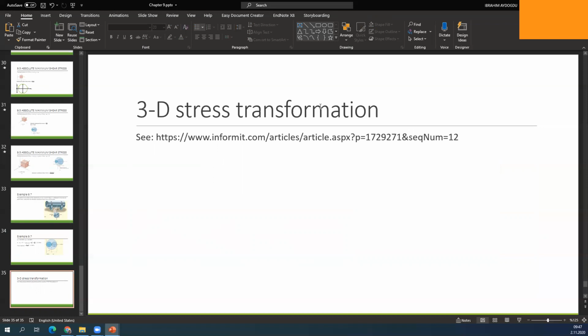I don't want to add this subchapter to the main section because the 3D stress transformation strategy is almost similar to 2D plane stress transformation, but many more terms are added, so the formulation becomes a little bit complex.